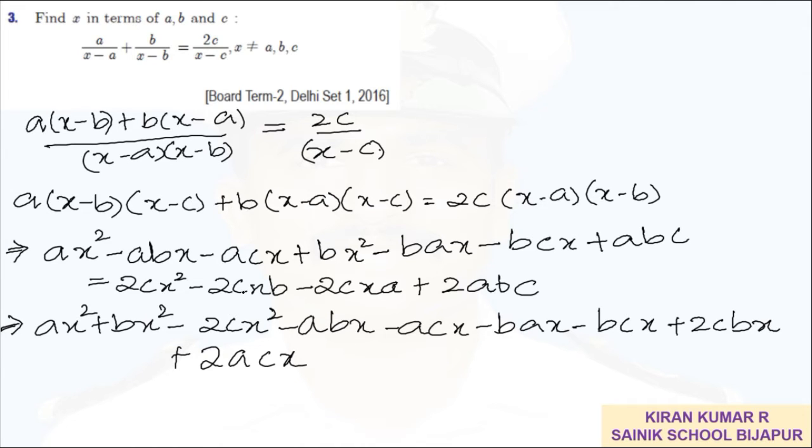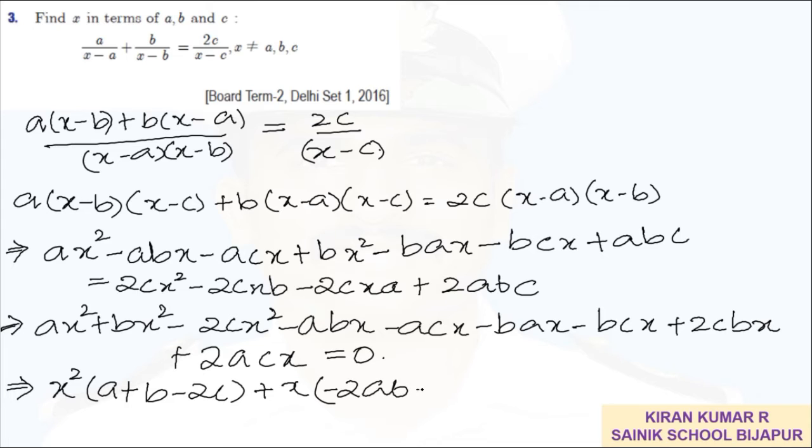These negative terms will become positive, which is equal to 0. This can be written as x square times a plus b minus 2c. I have taken x square common here, minus, I'll take x common, so that it becomes minus 2 times ab plus ac plus bc equal to 0.